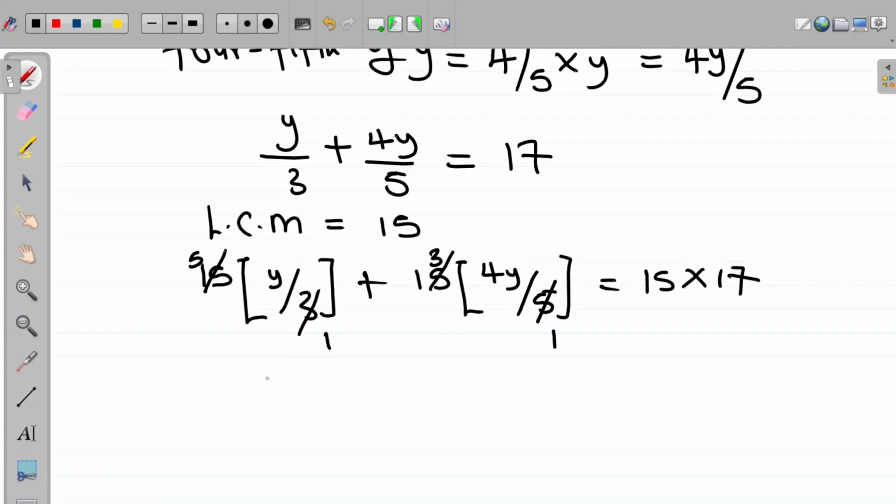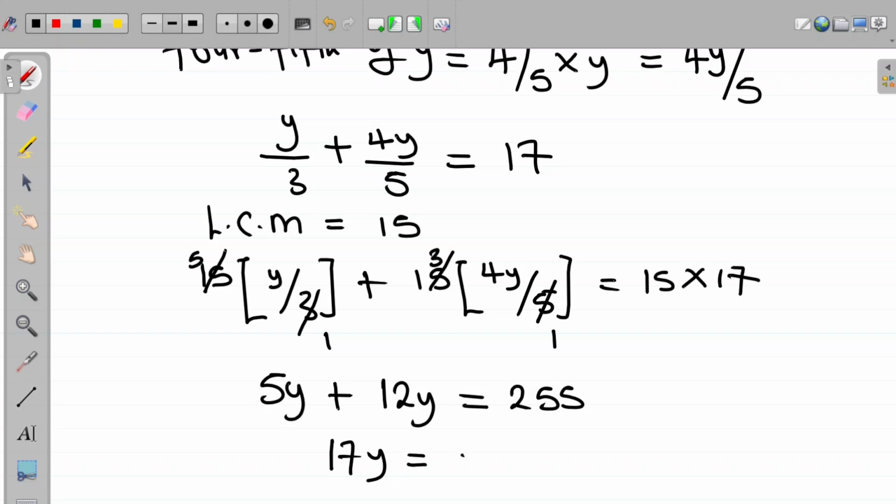So the equation reduces to 5 multiplied by y plus 3 times 4y is 12y equal to 15 times 17 is 255. Now we have 5y here and we have 12y here. So 5y plus 12y is equal to 17y equal to 255.